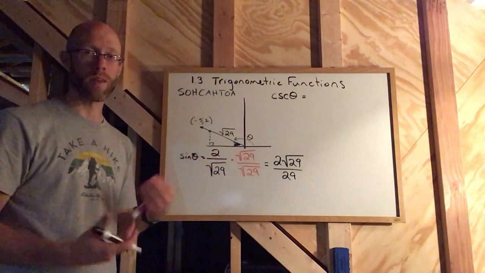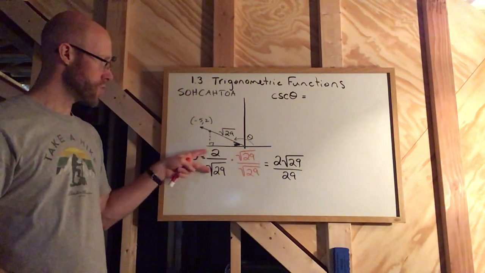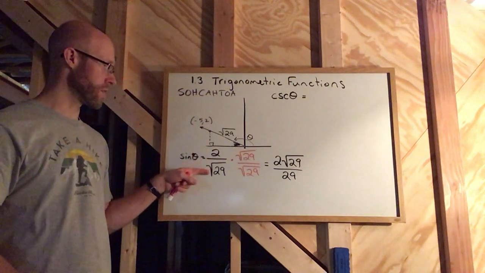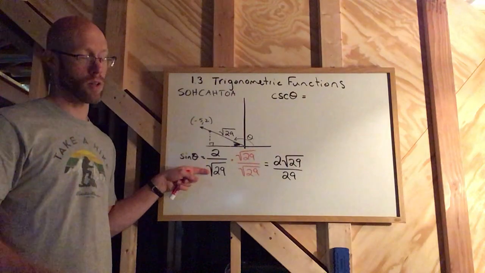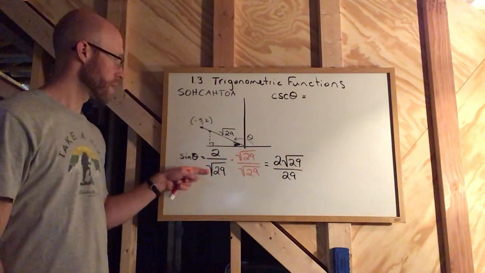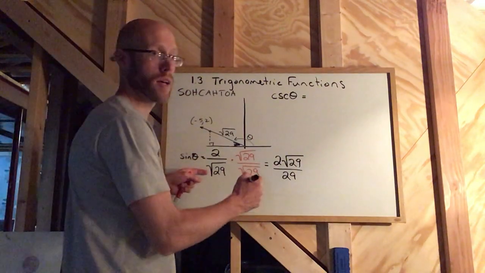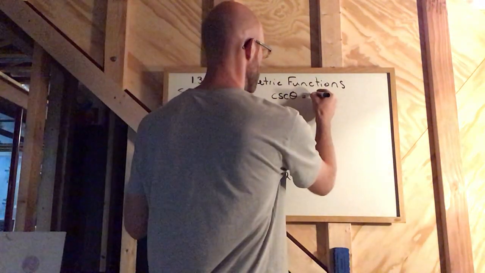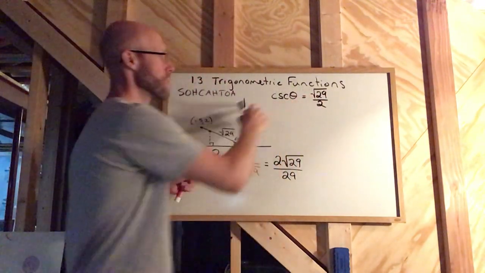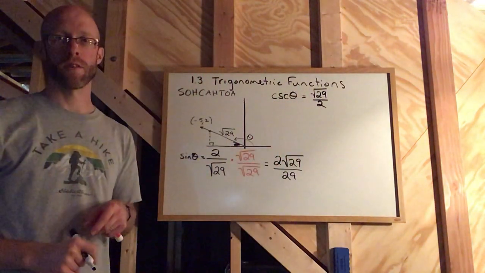I don't want to do that. It's actually easier to just flip the original fraction, because then the root will end up going to the top. So 2 over root 29 really will become root 29 over 2 in the cosecant.